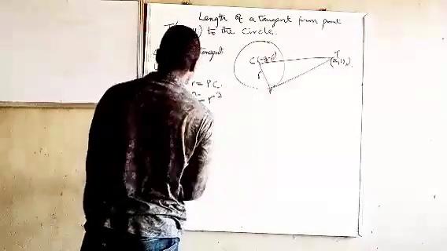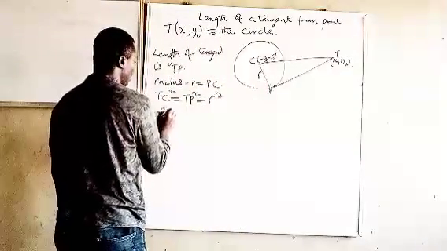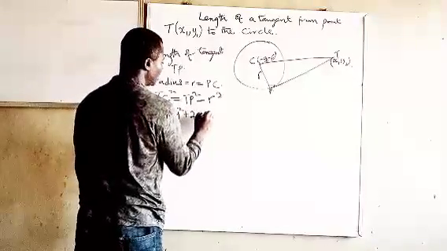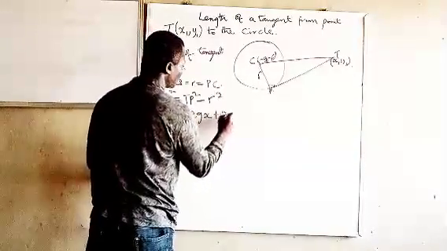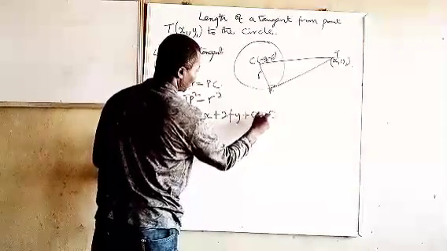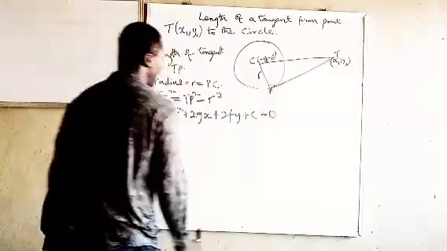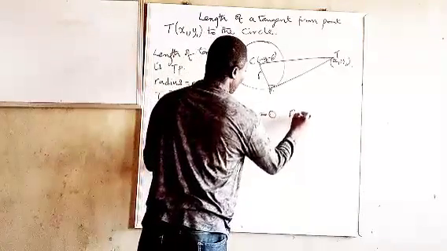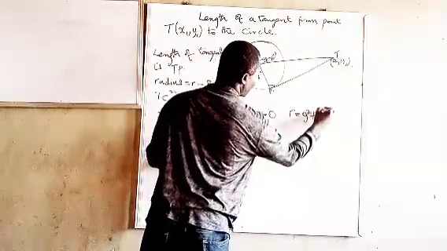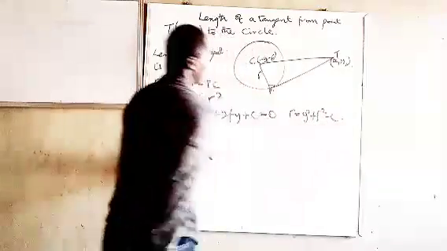And the equation of our circle is x squared plus y squared plus 2gx plus 2fy plus c equals 0. Let's put that in mind. And our radius is equal to the square root of g squared plus f squared minus c. Let's also put that in mind.